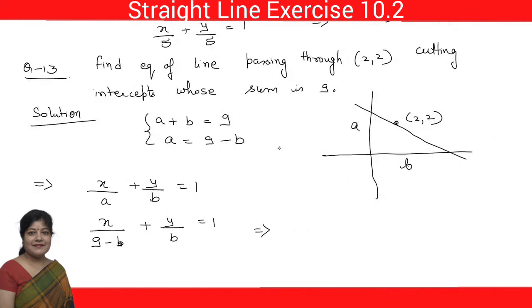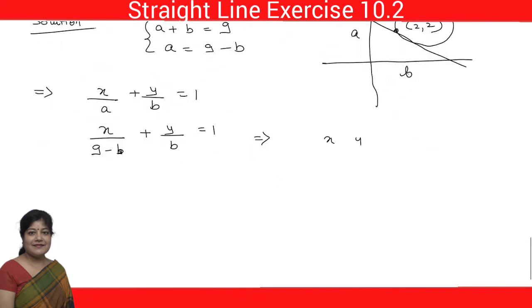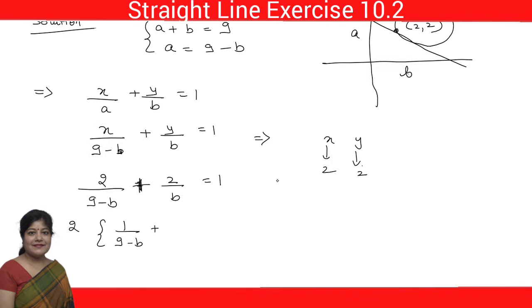Now it passes through 2, 2. So I put the values of x and y as 2 and 2. So 2 over 9 minus b plus 2 over b is equal to 1. So we can take common, it's easy to solve.